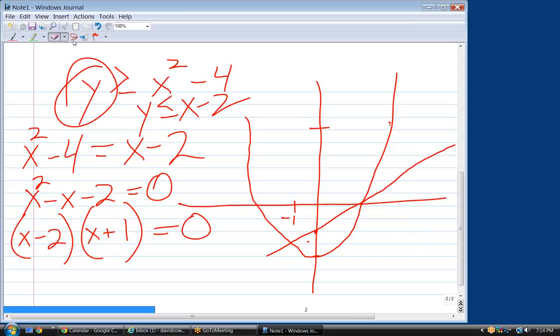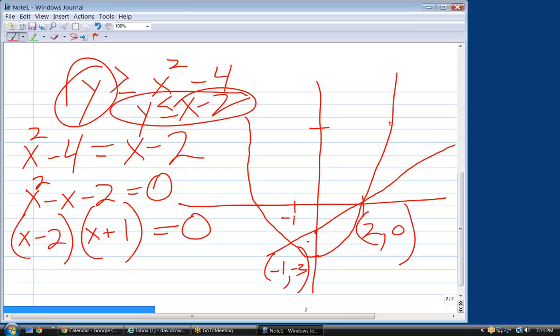And that point is 2 comma 0. And then over here, this point is minus 1 comma minus 3, substituting in. So there's my 2 points, 2 comma 0 and minus 1 comma minus 3.